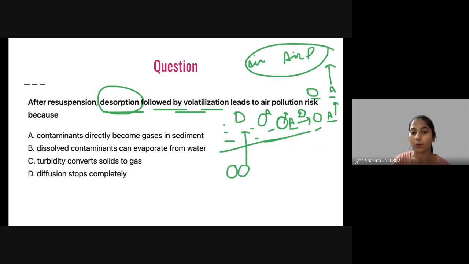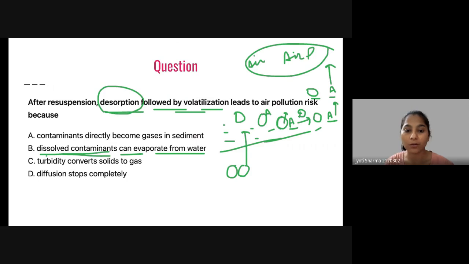Okay, now why? Because your dissolved contaminants, now your contaminant has been detached from your solid particle, so that will be dissolved in the water, and then the dissolved contaminant will evaporate from the water.